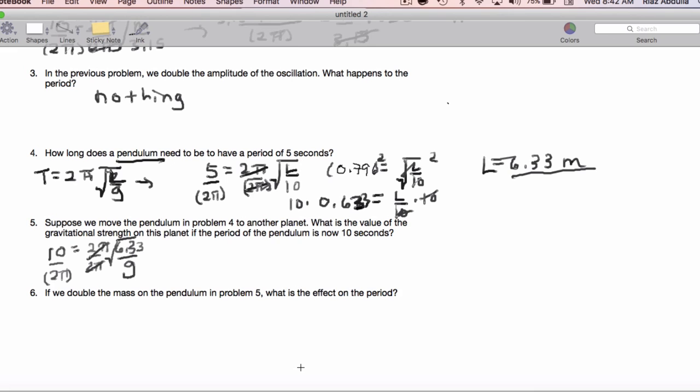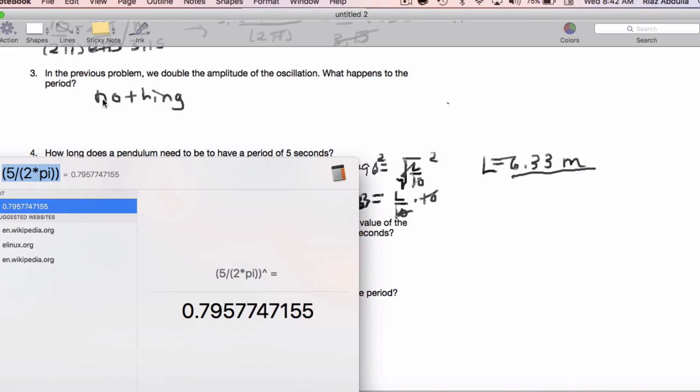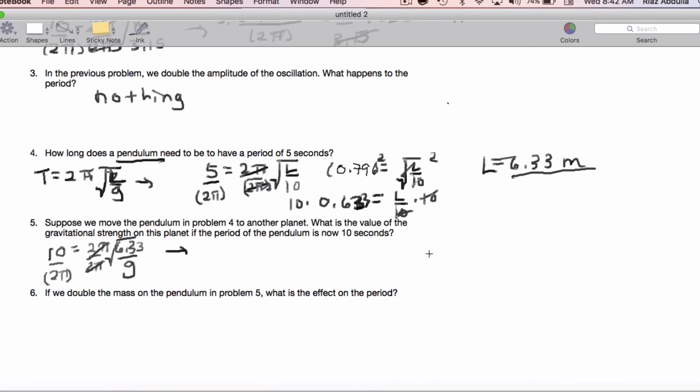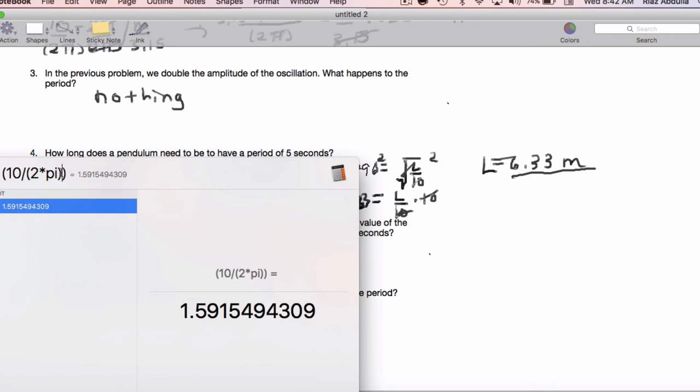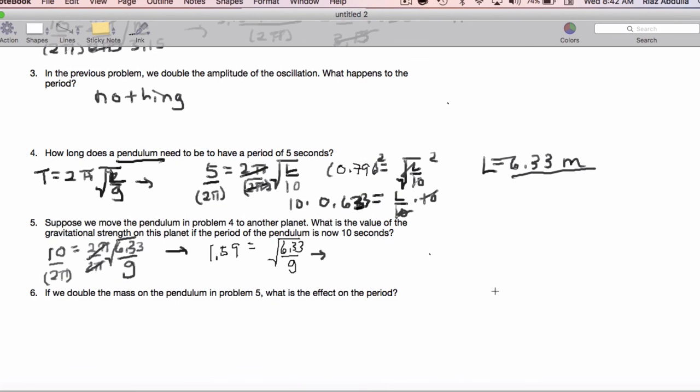Continuing with this algebra, it's going to give us 1.59 equals the square root of 6.33 divided by g. Now let's square both sides. When we square this result, that's going to give me about 2.53.